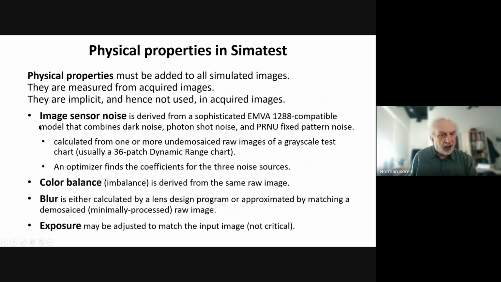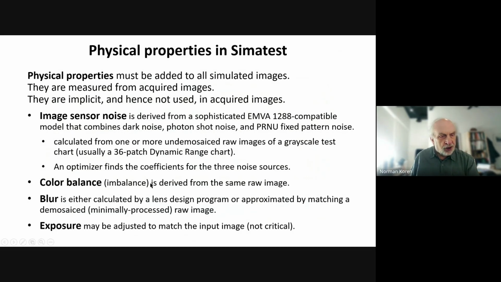Now, it's calculated from one or sometimes more undemosaiced raw images of a grayscale test chart, typically a 36-patch dynamic range test chart. And an optimizer is used to find the coefficients for the three individual noise sources that we just mentioned. It really is very powerful, and we'll show the advantages of using it.